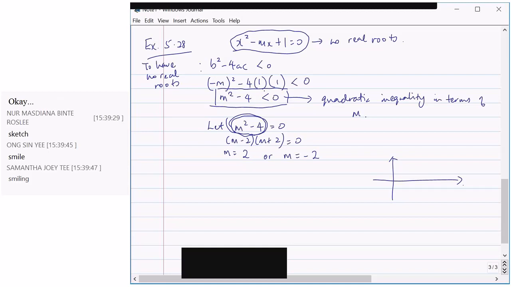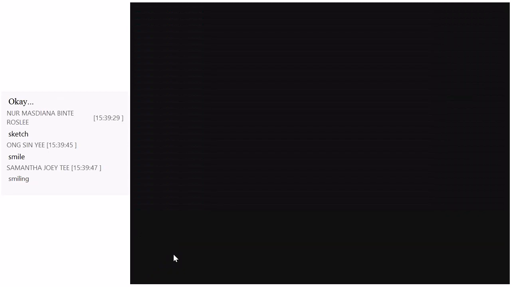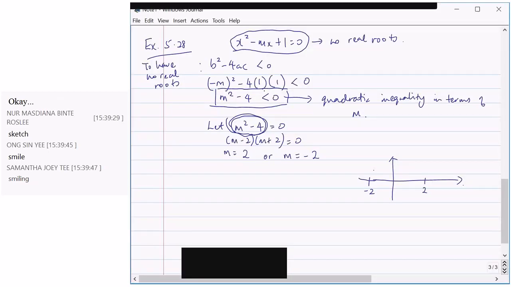Smiling, because it's M squared, positive M squared. So smiling curve. And the two intercepts are minus 2 and 2. Up to here, okay? Okay, sketch the graph. Something like this.